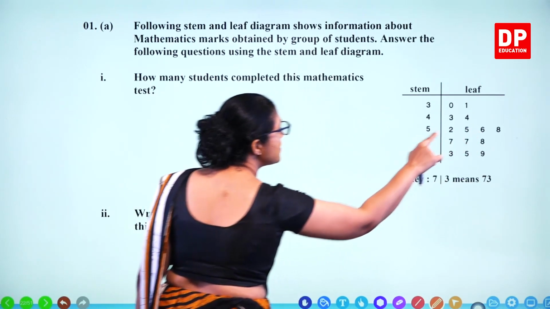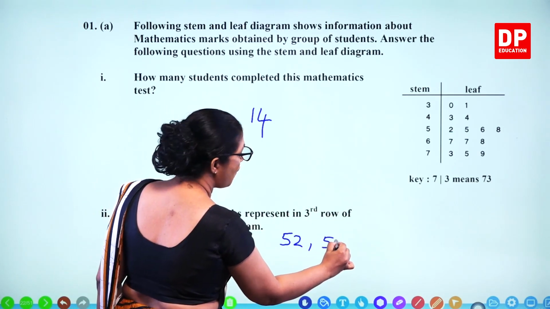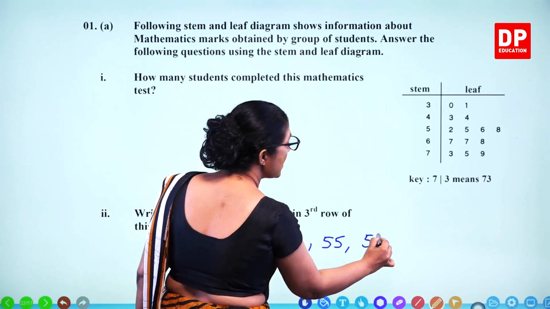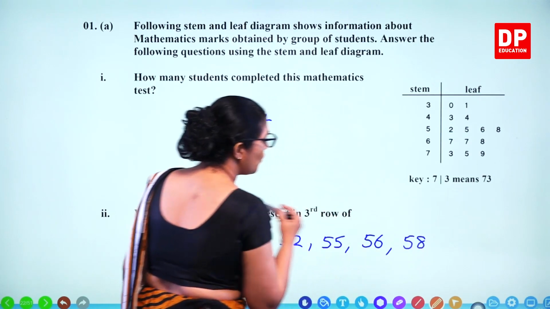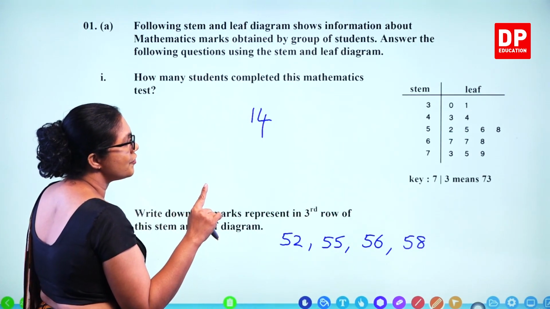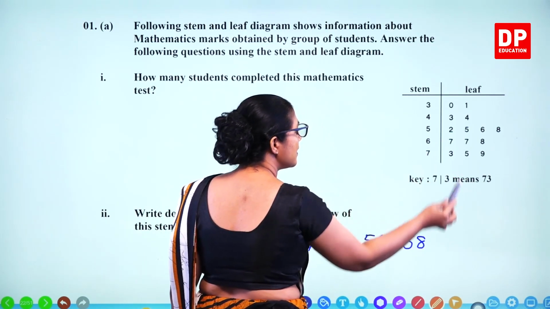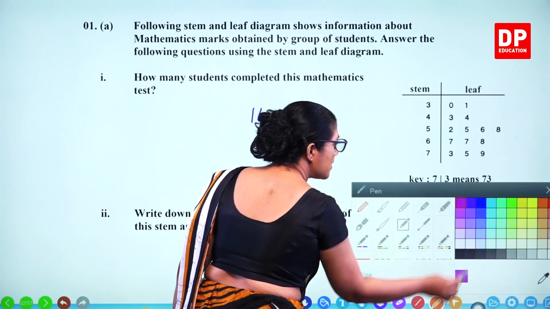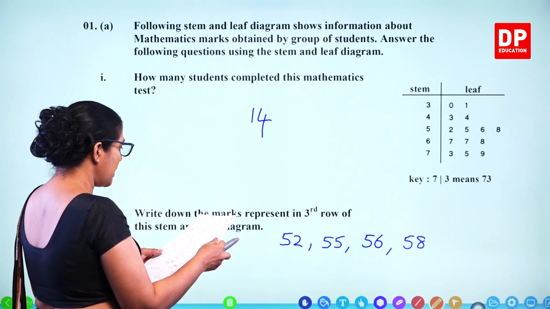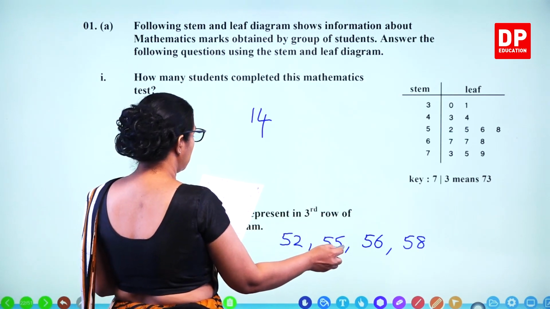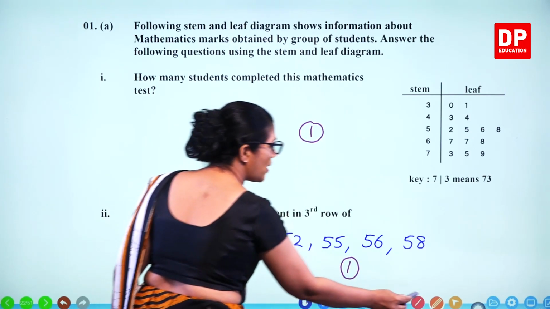So what are these numbers? 52, then 55, 56, and 58. Those are the 4 numbers in the third row, because it says 7|3 means 73. Now let's give marks for these two. You are getting 1 mark here and 1 mark for this one, just 2 marks.